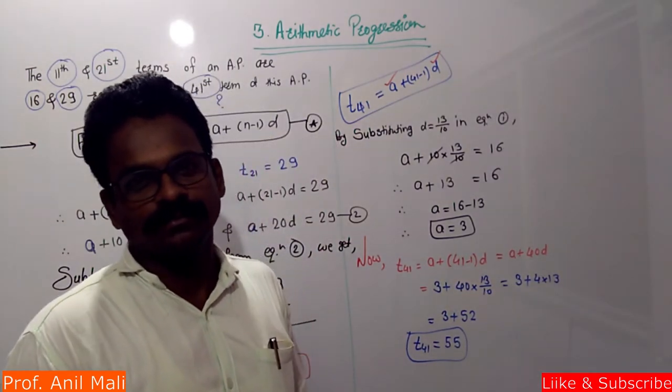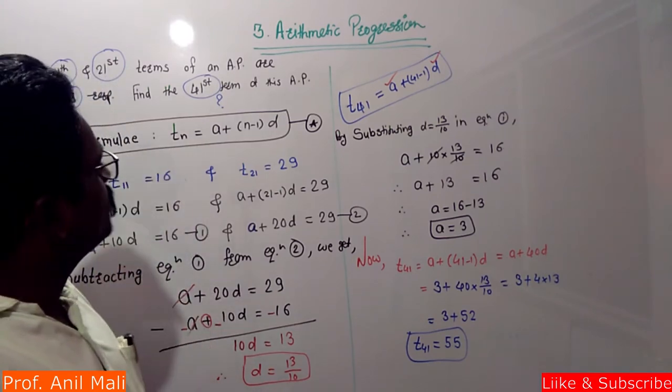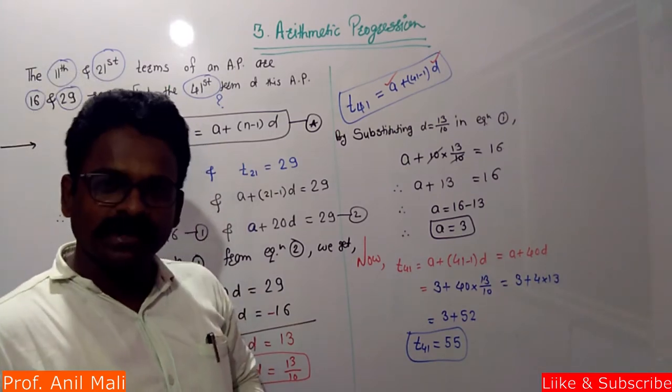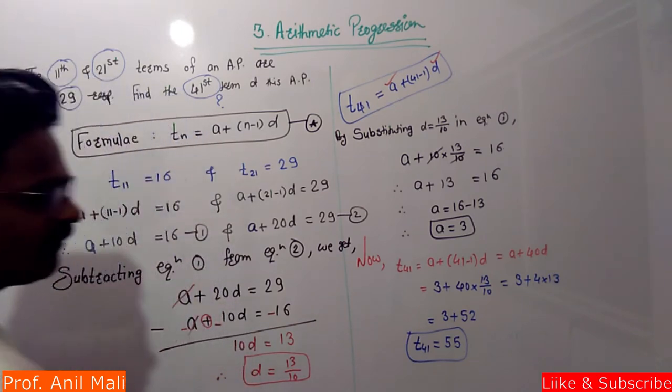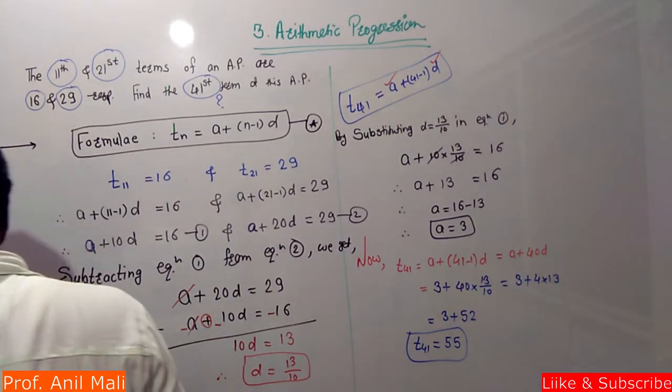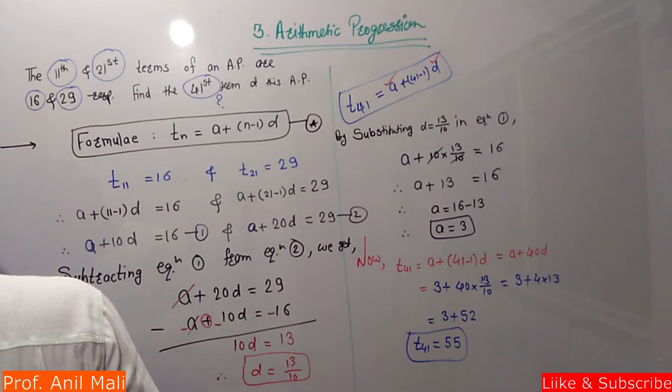Finish. No problem. So what we did here is just use this formula: Tn is equal to A plus n minus 1 into D. Now students, one more problem is there which we are going to take here.